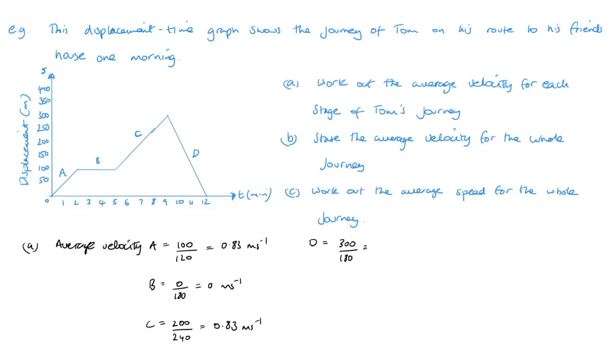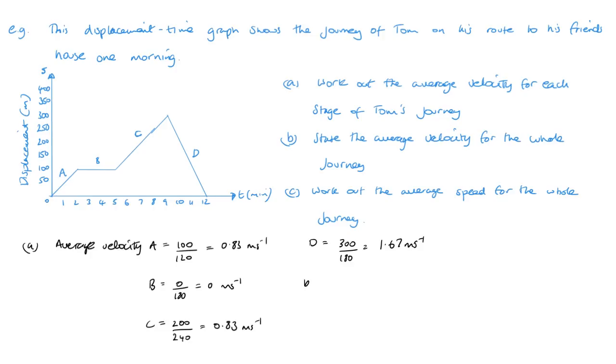So 300 over 180 is 1.67 meters per second. Okay, so that now is the average velocity from each stage of the journey.